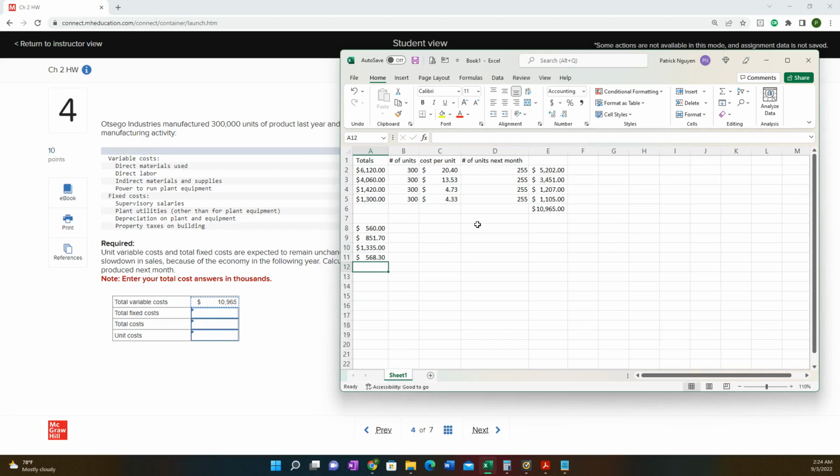It doesn't matter if you produce 1 unit or 1,000,000 units, within the relevant range, of course. And in this problem, it told us that fixed costs are expected to remain unchanged. So we take that total, and that's 3,315. Our total fixed cost is 3,315.